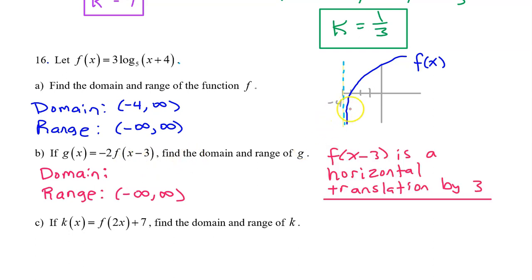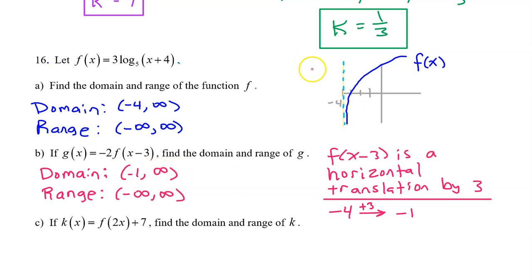That means to the right 3. If we take -4 and we move to the right 3, in other words, we add 3, we will land at -1. So for function g, the vertical asymptote will be at -1. So the domain will be from -1 to infinity.